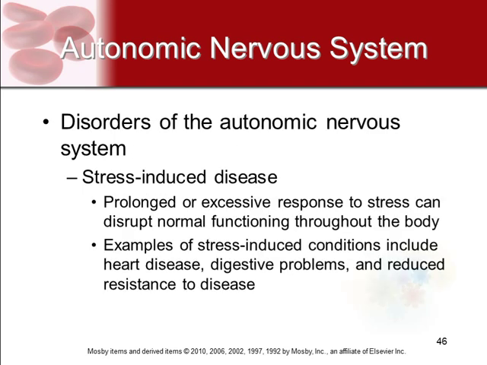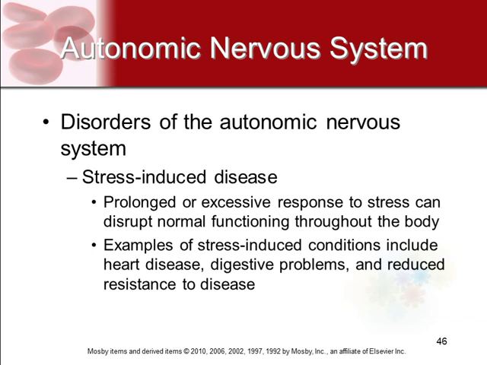Some disorders of your autonomic nervous system include stress-induced problems, where prolonged or excessive stress triggers your sympathetic nervous system to the point where it disrupts a lot of the normal functioning in your body.